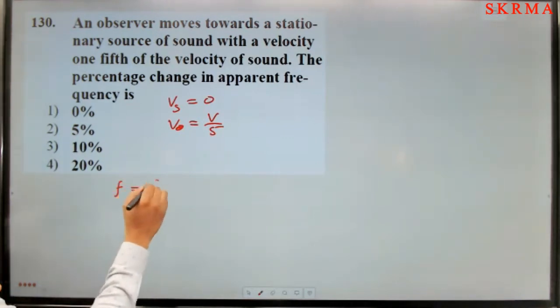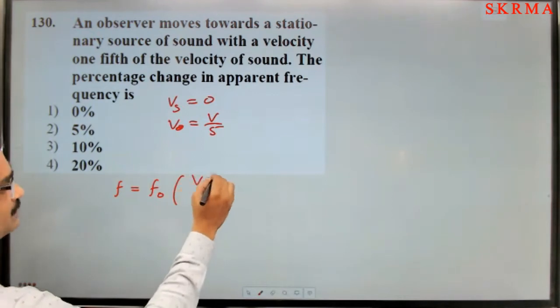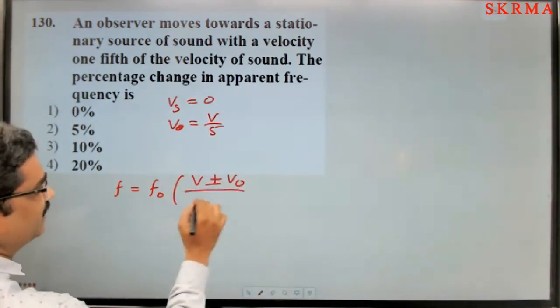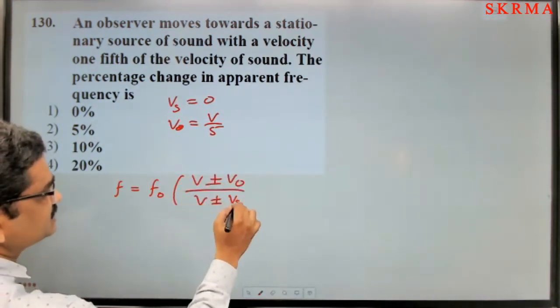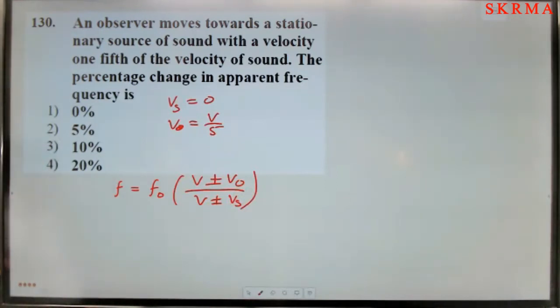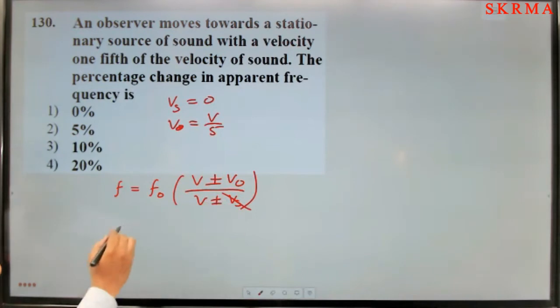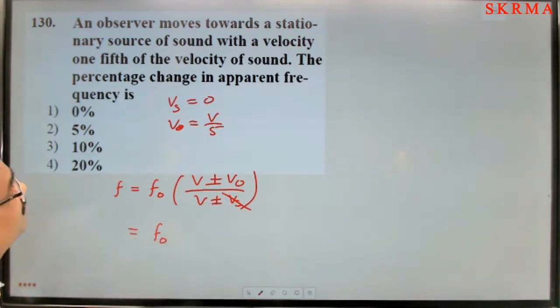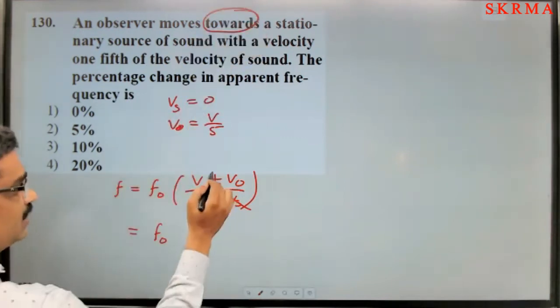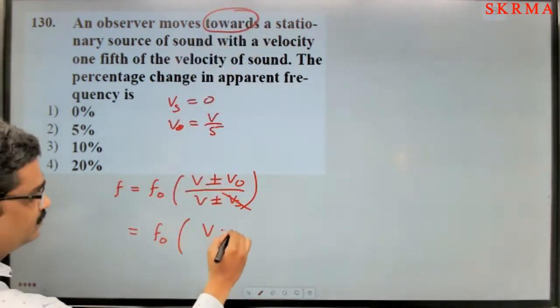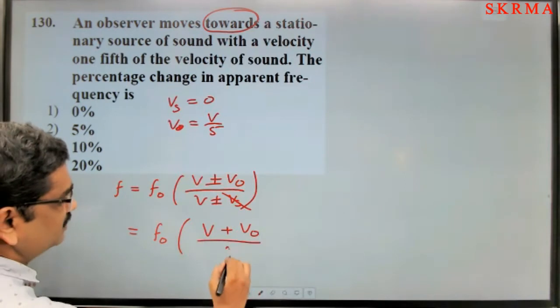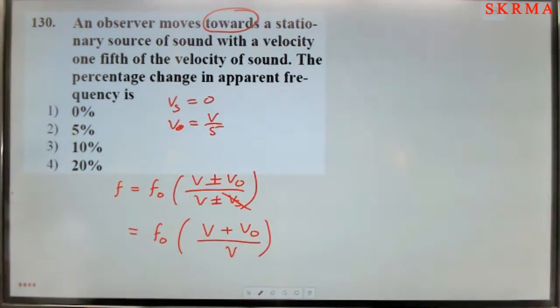So f equal to f naught into v plus or minus v naught by v plus or minus vs. This is the basic formula. So vs is 0, then remove this term. So f naught into, approaching or receding. Observer is moving towards, so you have to add plus v naught by v.